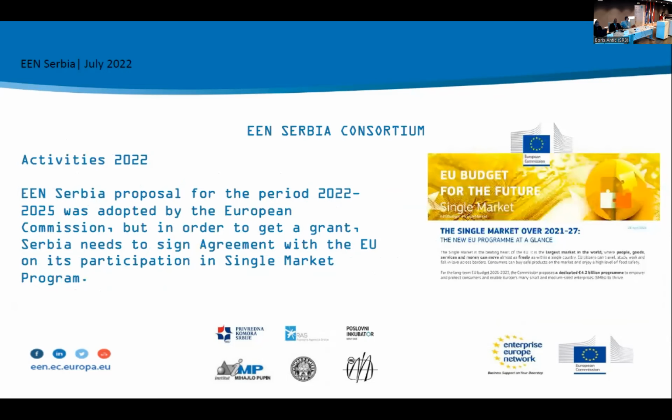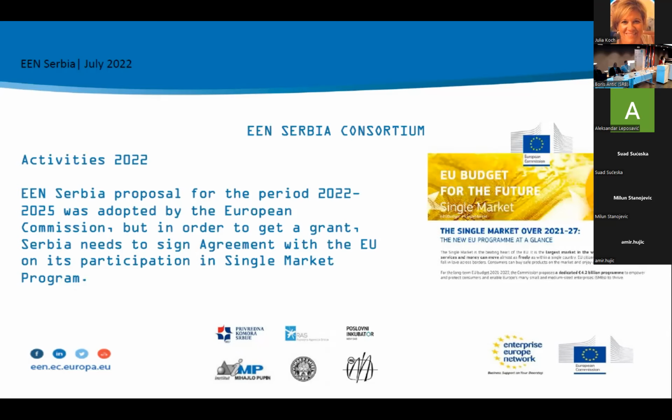In 2022, as I said, we now have the new program, the Single Market Programme. Unfortunately, Serbia hasn't signed an agreement with the EU regarding this program, so we are still not able to sign the grant agreement, even though our proposal was approved by the European Commission for the EEN.